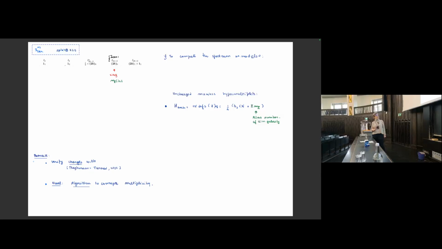And the novel part of this paper is this algorithm to compute the multiplicity of the matter, which we need to compute the spectrum, not only the matter, but also the multiplicity. One thing that we need to compute is the uncharged massless multiplets, which we did in a previous paper with Timo, but we also verified here.